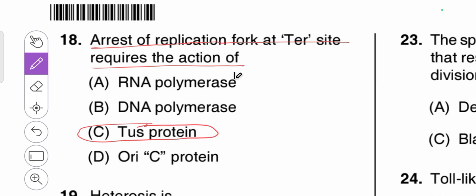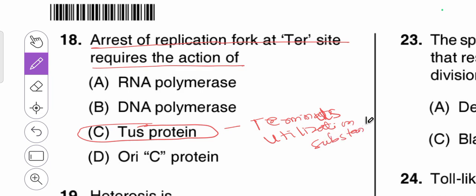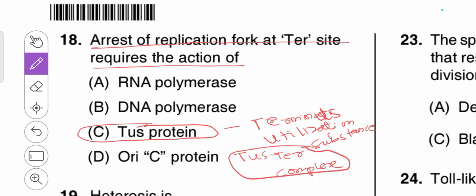That is TUS protein. TUS means terminus utilization substance. So in order to stop the replication, this TUS-ter complex gets formed.